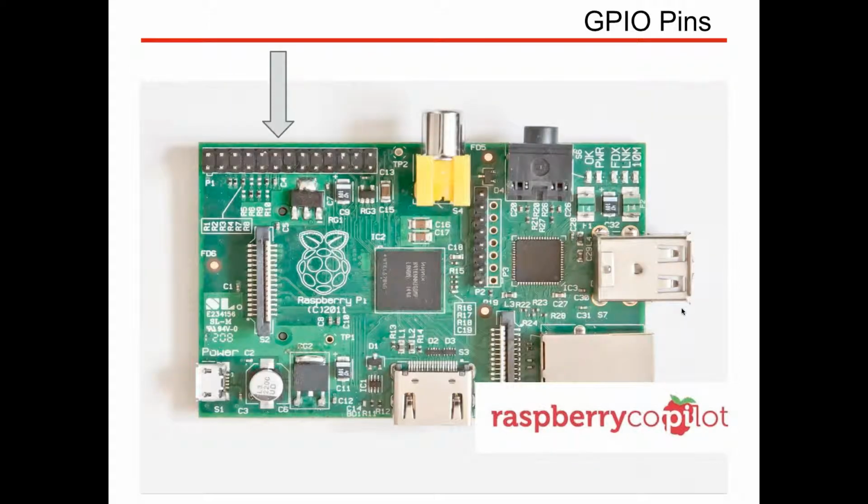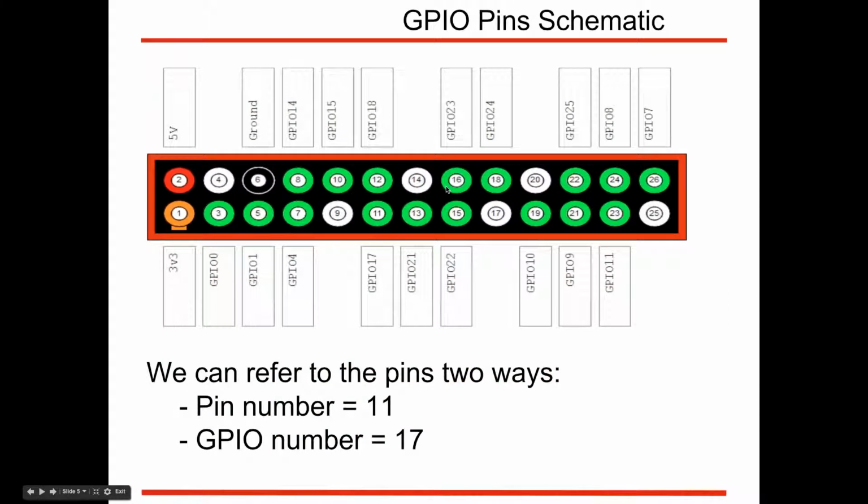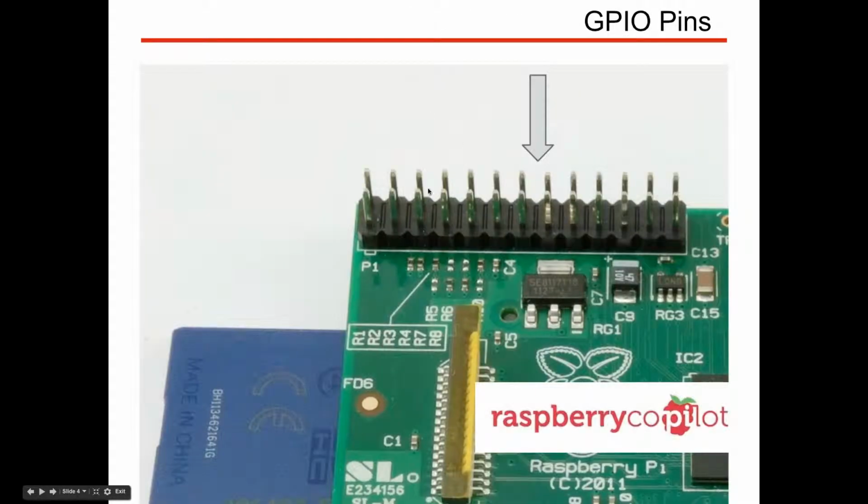All right, there's basically two ways that you can look at this, and this is a schematic of your GPIO pins. These pins are running in numbers, so you can either do pin numbers, which go 1 to 2, 3 to 4, 5 to 6, 7 to 8, 9 to 10, 11, 12, 13 to 14, etc., all the way up to 26.